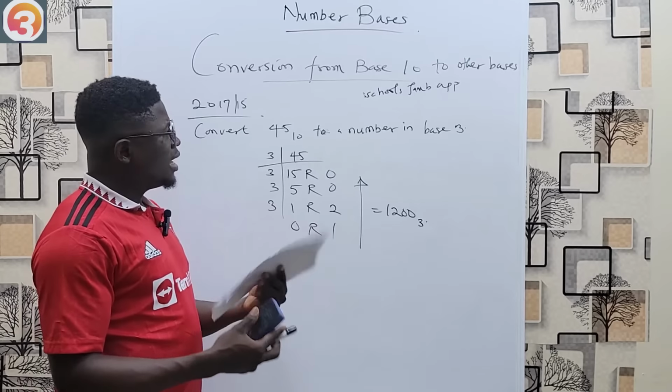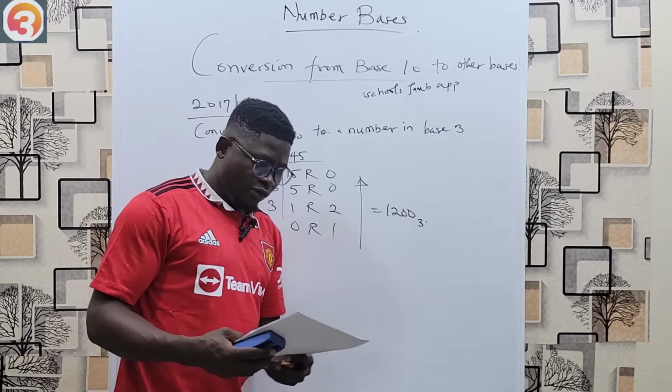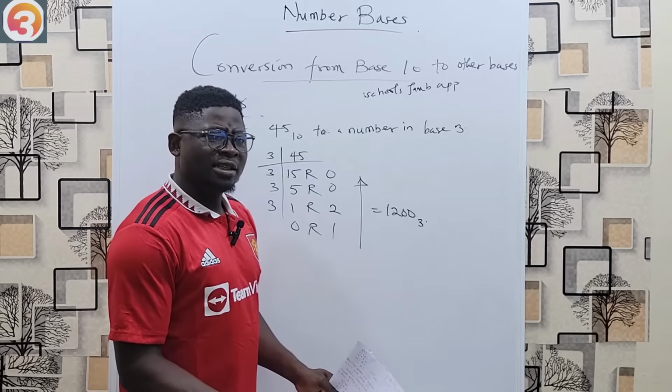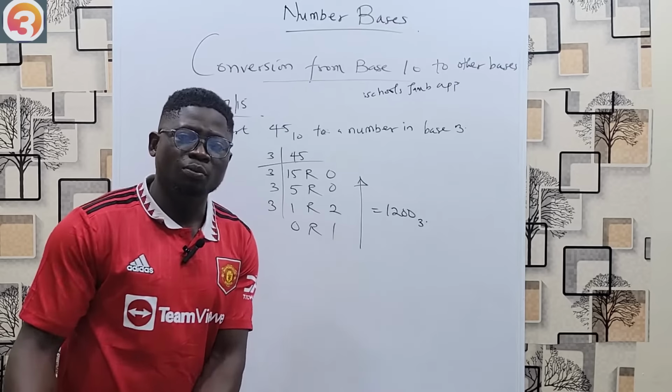So now we are going to move away from conversion from base 10 to other bases to conversion of a given base number to base 10. A number is not in base 10, but we are asked to convert it to base 10.